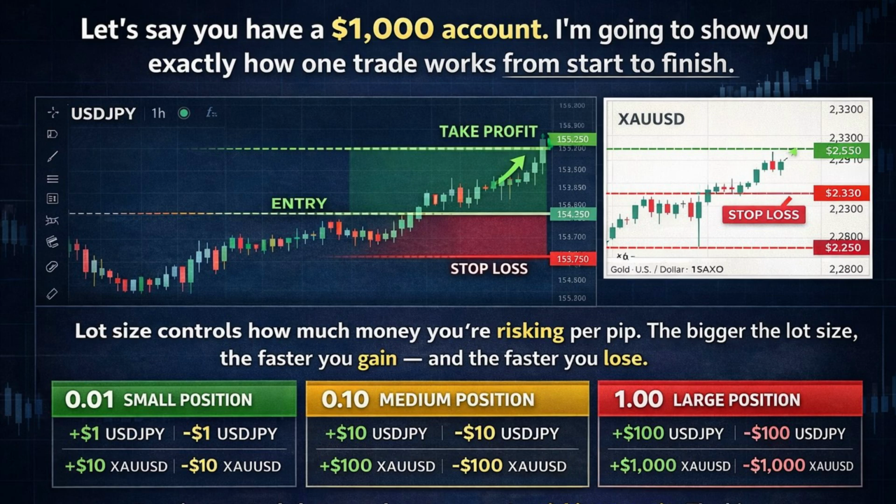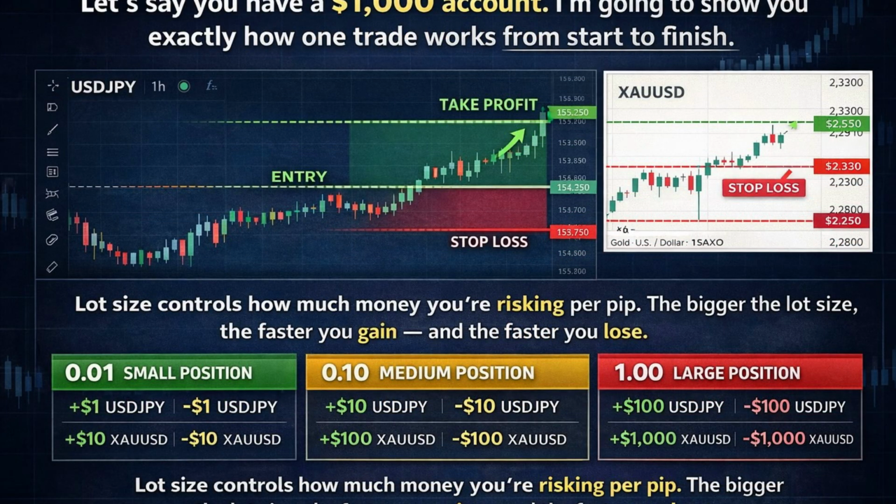So just to keep those lot sizes in mind. For every pip on USD/JPY, that will be $10. For every tick on XAU/USD, that's going to be $100. So for every 10 ticks, that's $1,000.